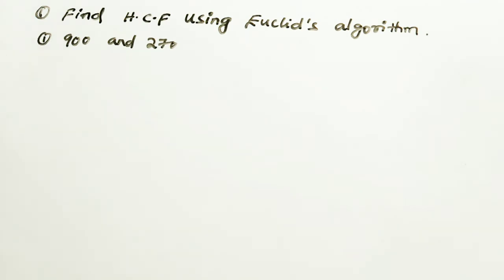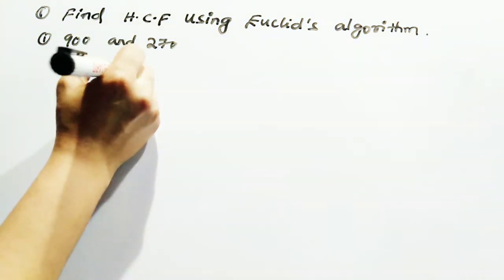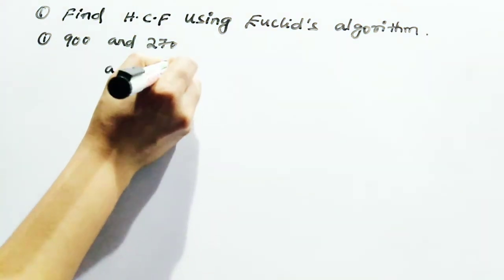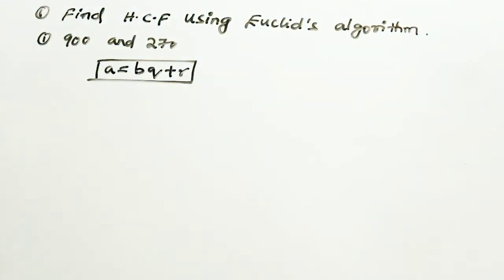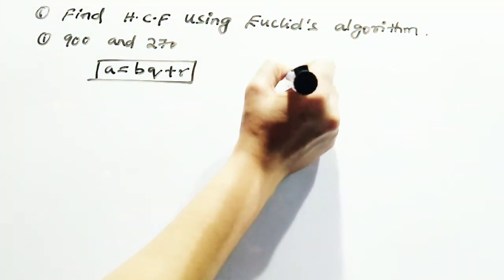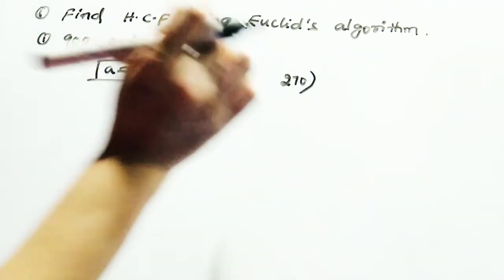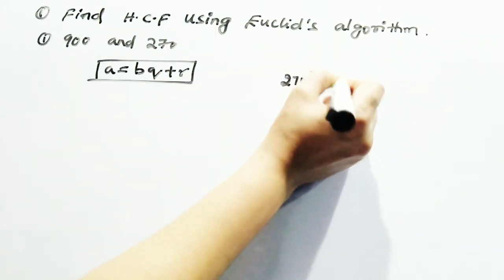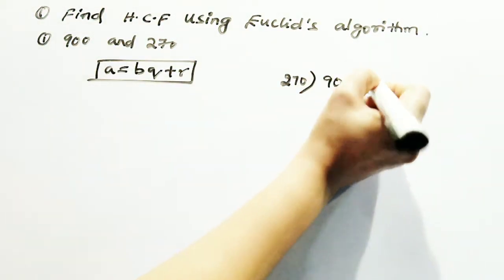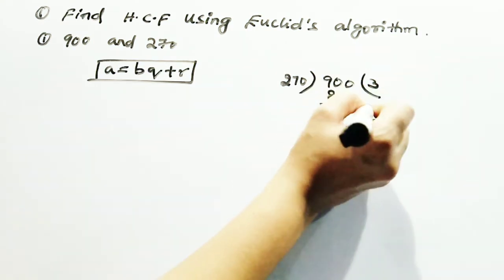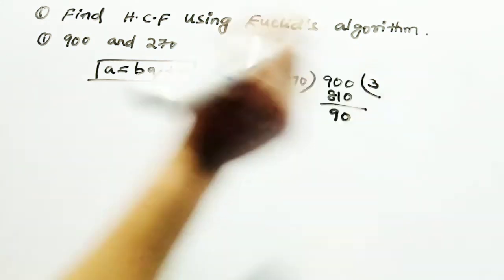The Euclid algorithm must be in the form of A equals B Q plus R. The smallest value will be taken here and the highest value will be divided by the smallest value. Just take 270 into 3 is 810, you will get it, and the remainder you will get is 90.